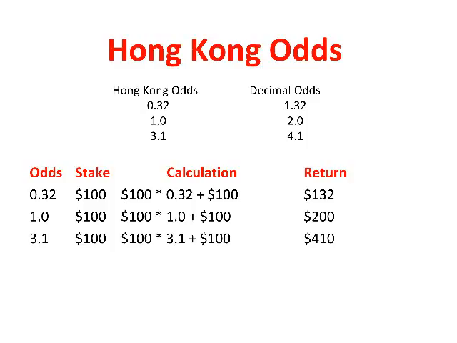For example, the Hong Kong odds 0.32 corresponds to decimal 1.32, 1.0 corresponds to 2.0, and respectively 3.1 corresponds to 4.1.